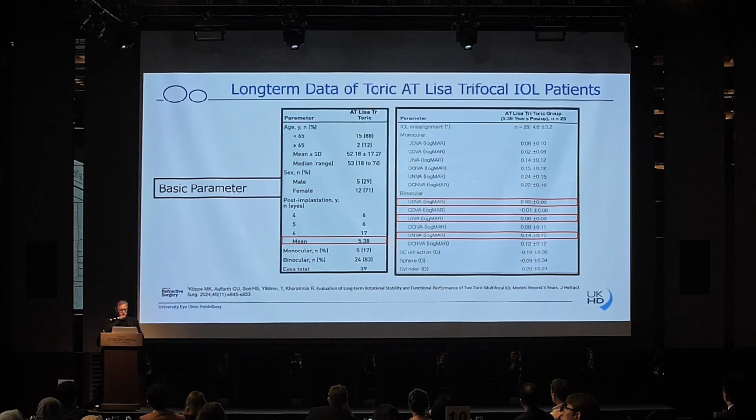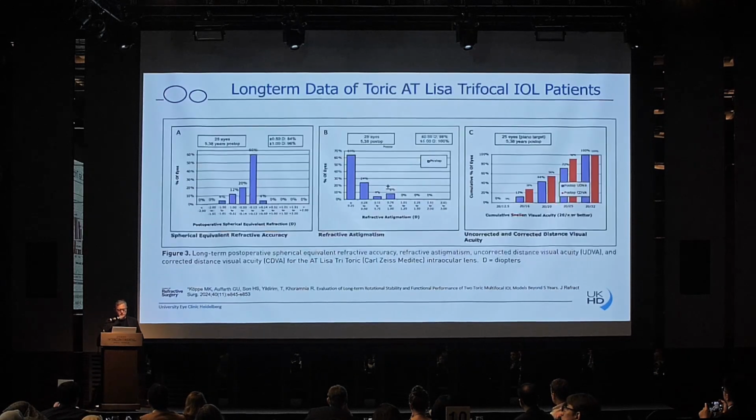And then when we just look at the basic parameters, you can see quite a nice outcome. So uncorrected distance, uncorrected intermediate and near visual acuity was all around 0 logMAR, even after this time. There was a slight shift to myopic refraction, as you can see here, but on average the patient was very happy with that.